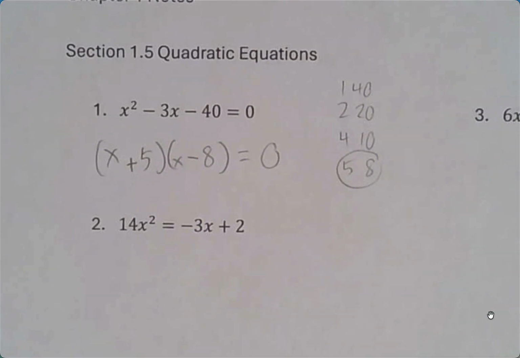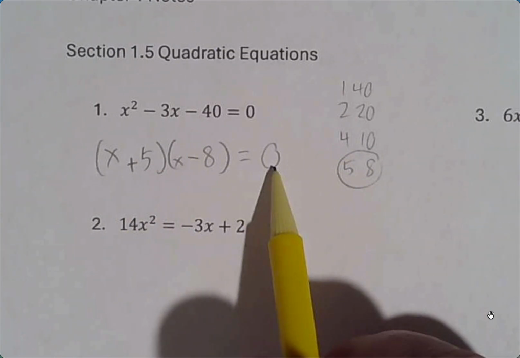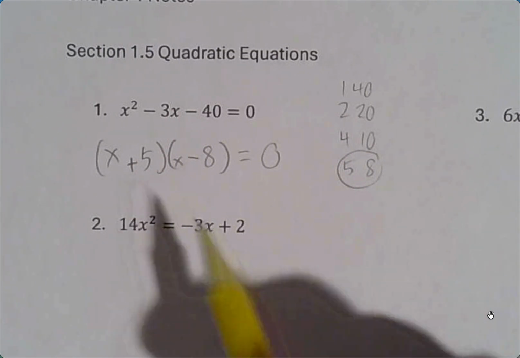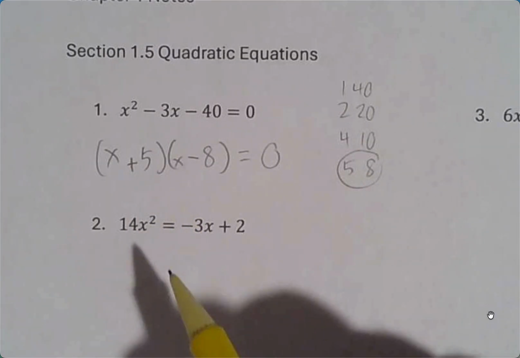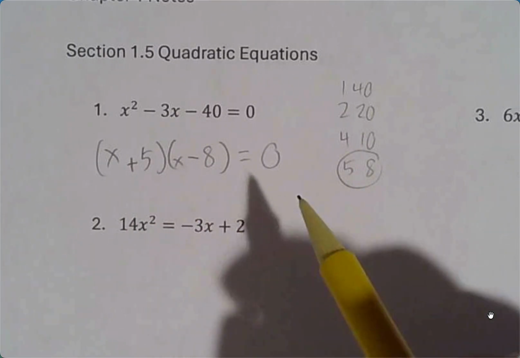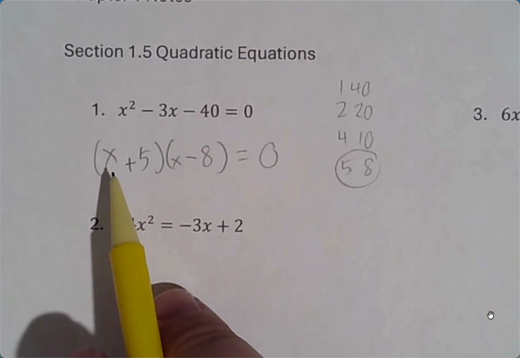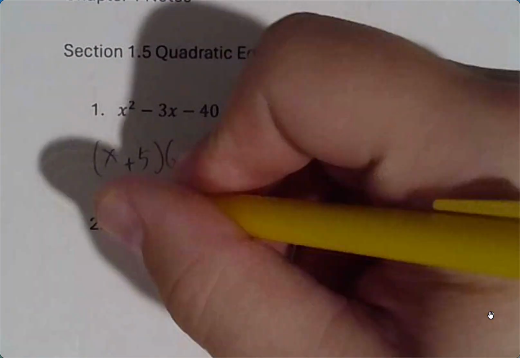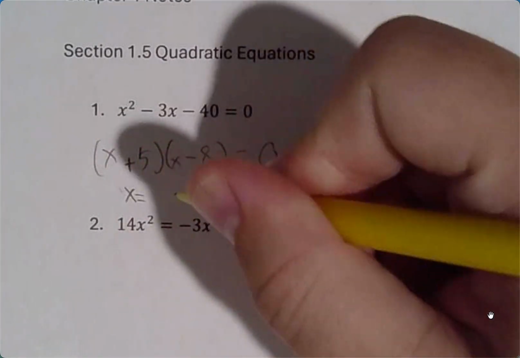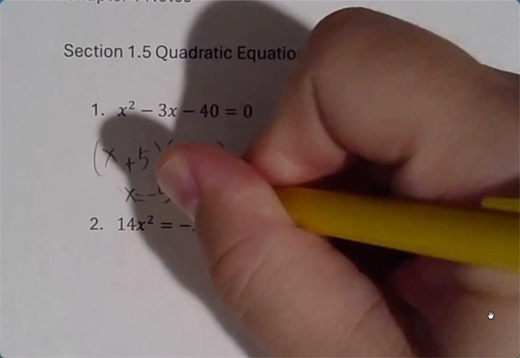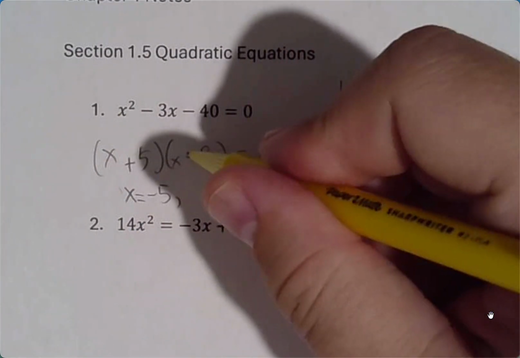But here's the new topic from that review, is I still want to know when this thing equals 0. Now, because I've factored, I really just have 2 really quick simple equations to solve. And here's what I mean. I'm simply asking what makes x plus 5 equal 0. And hopefully you can kind of just see that pretty quick, that the answer is negative 5. And what makes x minus 8 equal 0?